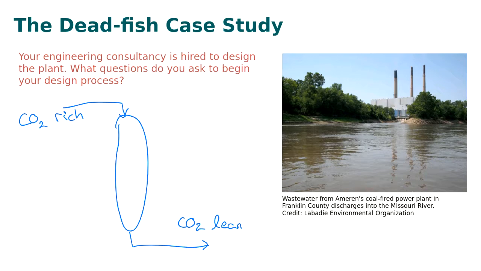And that's the water that's going to be returned to the river. And now, stripping the CO2 out of this will have steam, and it's probably a little more complicated than this, but as a basic schematic, this is what's happening with our stripping column.